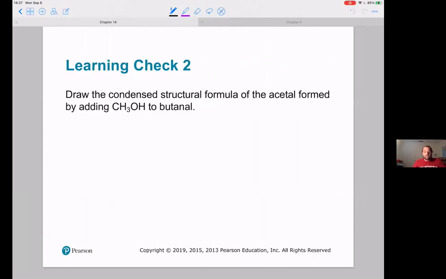The second skill, which is definitely going to be the hardest, is to draw the product of these reactions, right? So this is asking us for the product between methanol and butanol, what acetal is formed. So let's go ahead and draw each of these. Here's butanol.